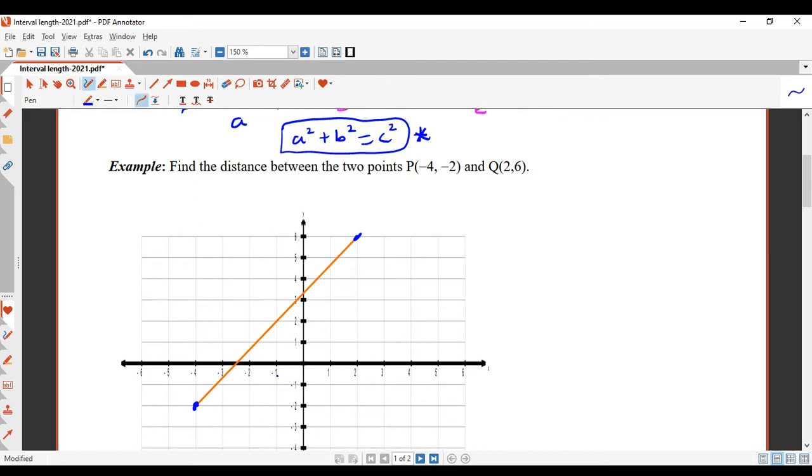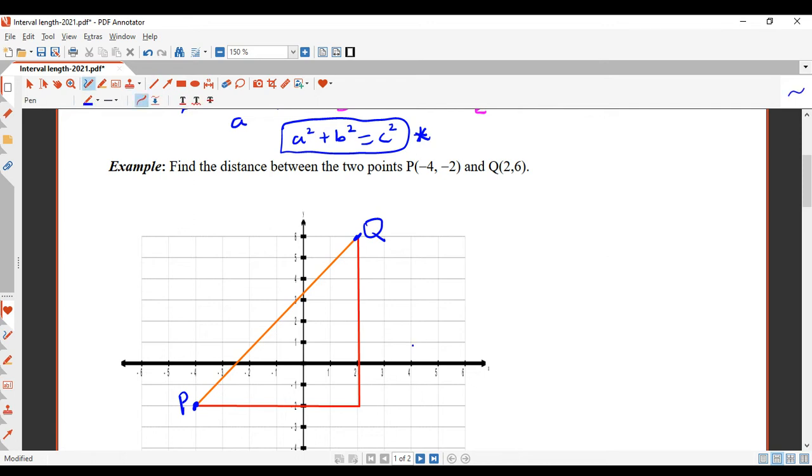So that was point P, this is point Q. So what you do is you form a right angle triangle. I'll just click on the line tool there, and let's just form a right angle triangle. I'm going to start at one of the points and draw a horizontal line there, and then a vertical line down there to meet the two.